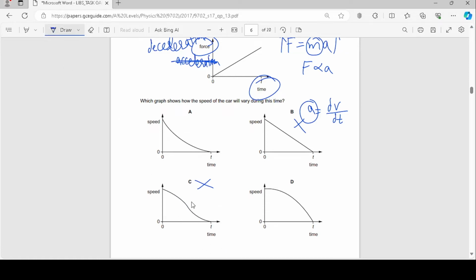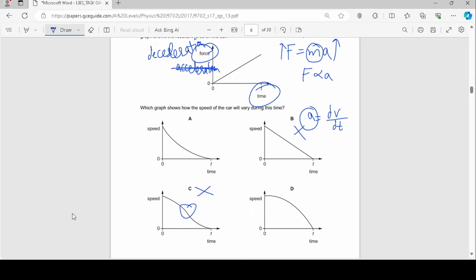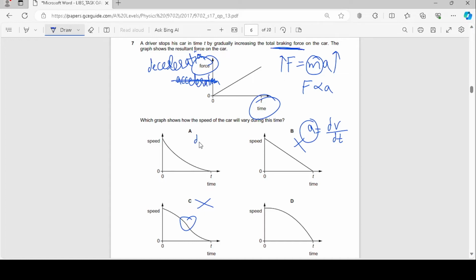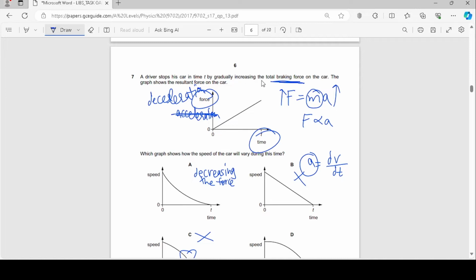So then we consider graphs A and D. You have to think of it a bit like this: A implies that he is decreasing the force with time, but actually he's increasing the total braking force in the car.